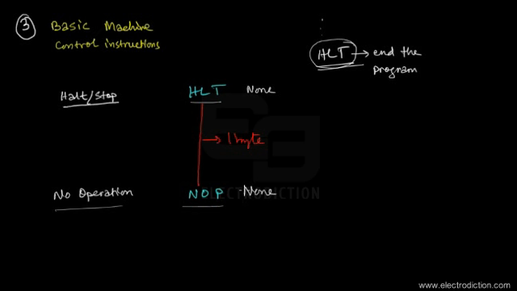Now let me tell you, whenever you declare this statement NOP in a program, the 8085 basically does nothing whenever it encounters this command. So here the 8085 does no operation, meaning it just does nothing and sits there for some time.